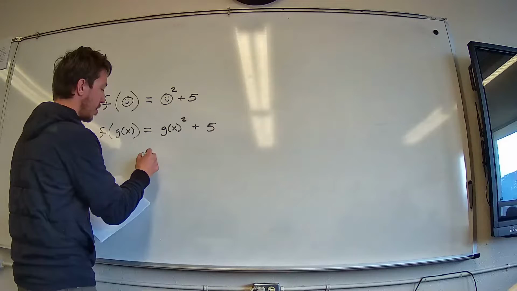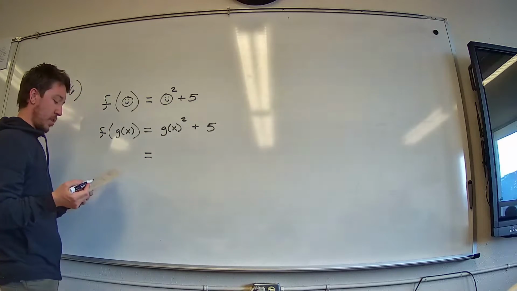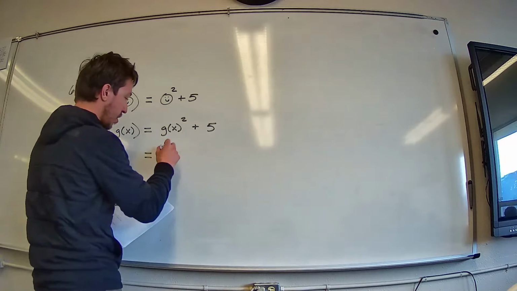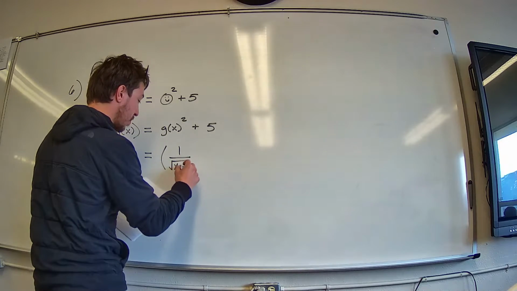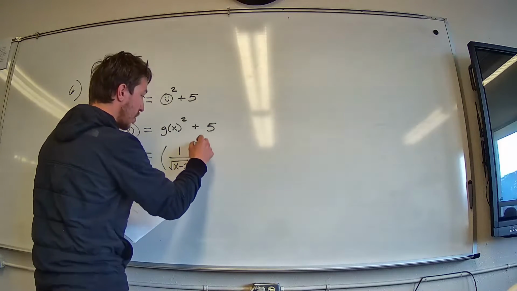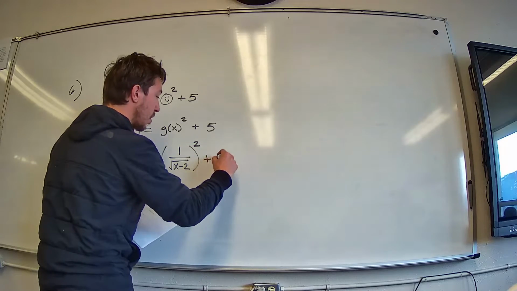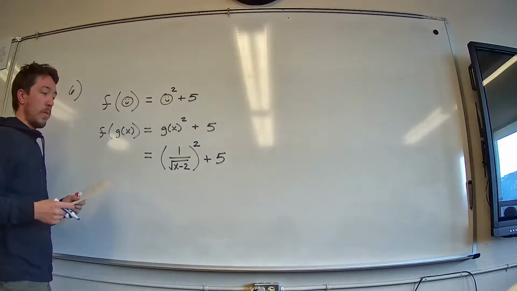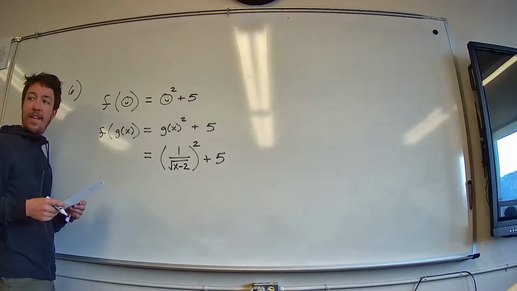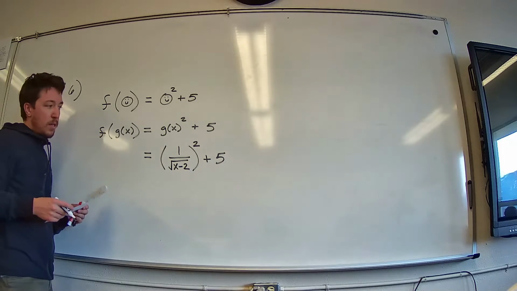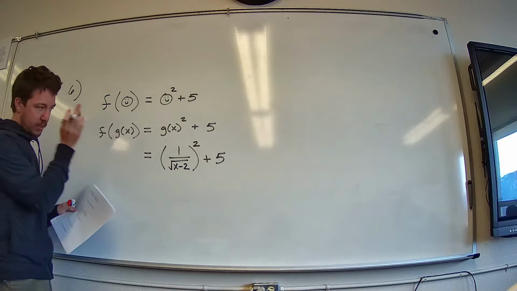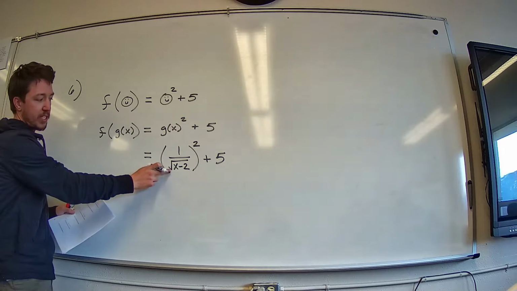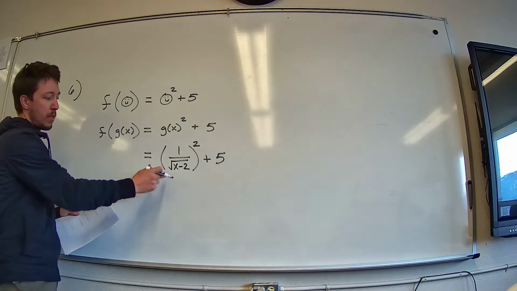So in this case, g of x is the function 1 over the square root of x minus 2. We okay with that? Now, you've got to stop right here and go, wait a second. There's going to be a domain restriction because of this square root.